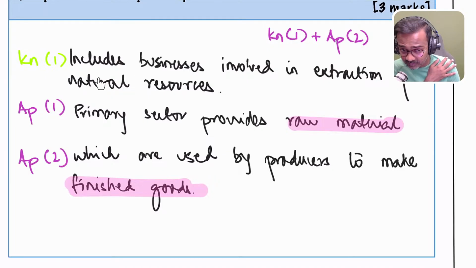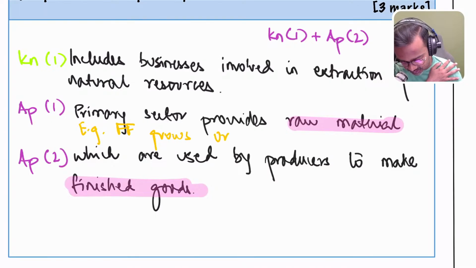My knowledge would remain the same, but how my application would change, that I will say that, for example, Frank Farm grows oranges, right?